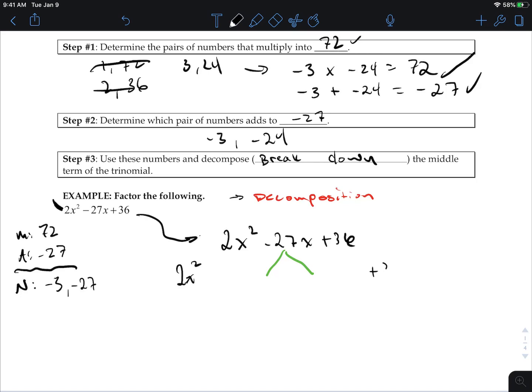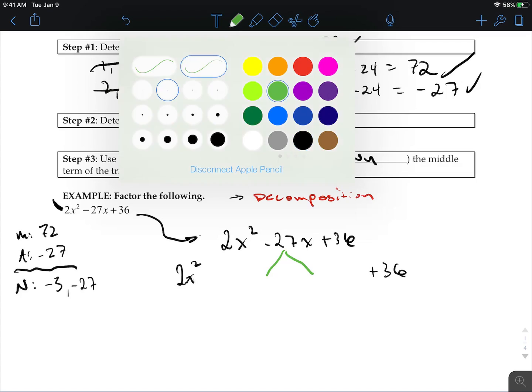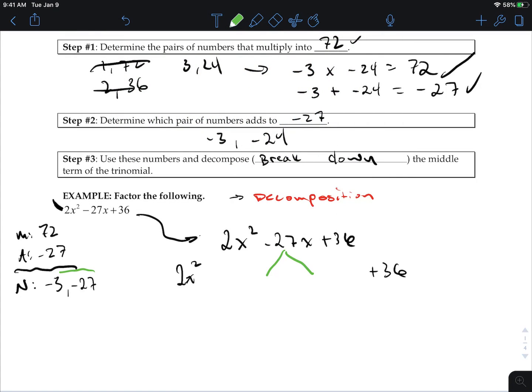I'm going to write the plus 36 down here, and I'm going to break the middle term up. What am I going to break it up with? These two guys. But I'm going to selectively choose what goes where. That's the problem with this decomposition method.